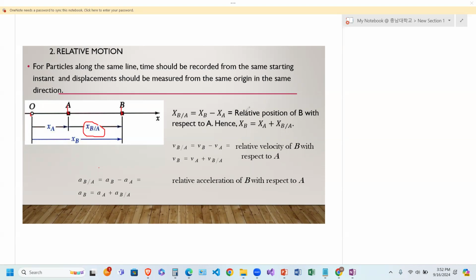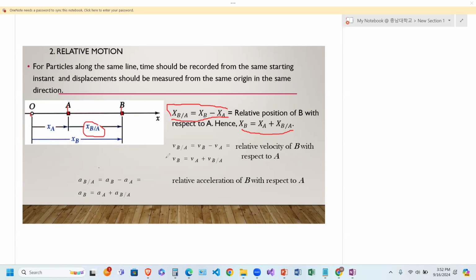That's what we call the relative position of B with respect to A. From this equation we can deduce that XB is given by XA plus the relative position of point B with respect to A.